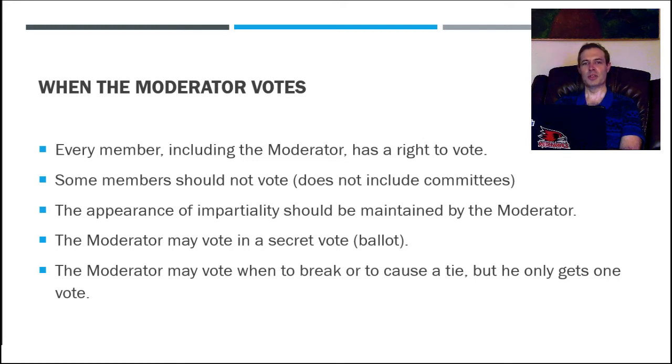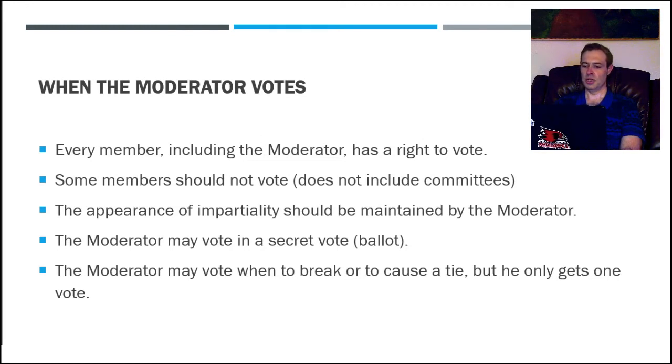But then we get to the case where people realize the moderator votes, and this is when there's a tie vote. And people say, well, if there's a tie vote, the moderator gets to break the tie. In a sense, that's true, but that's not completely true. There's a little bit more nuance to that. The moderator can actually vote in a situation where it matters.